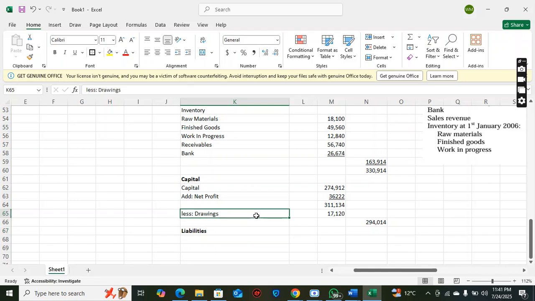Yes, what are non-current liabilities? Excuse me, what are non-current liabilities?